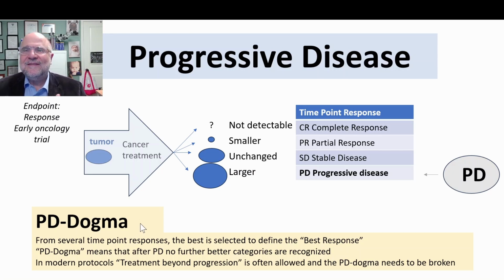When you treated a cancer and the cancer got bigger, then the typical teaching of oncology is you should stop and you should try something else because the treatment doesn't work. That means, in the context of a clinical trial, if PD has occurred, there will be no further time point responses. And that was how it was in the past. That is what the PD dogma is.